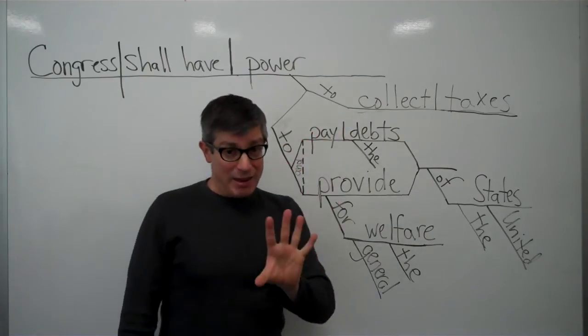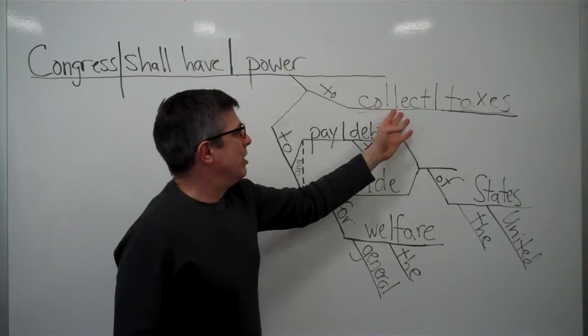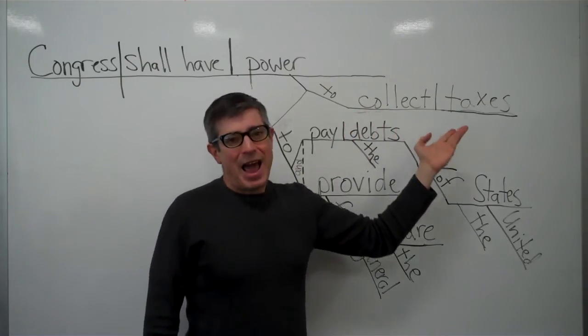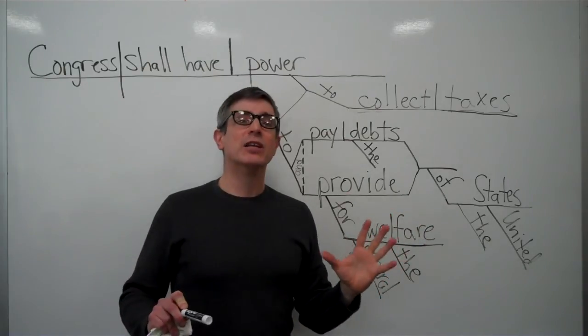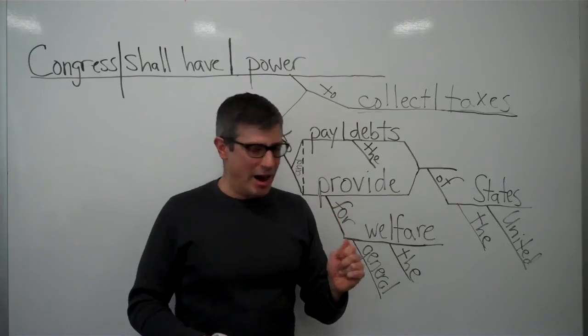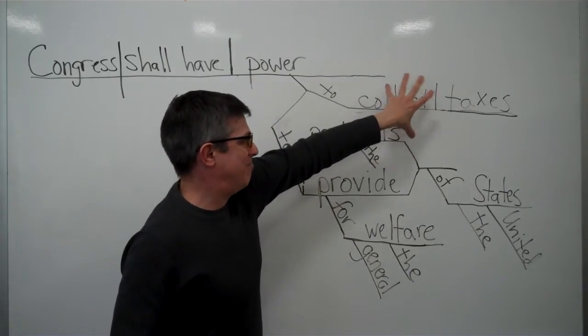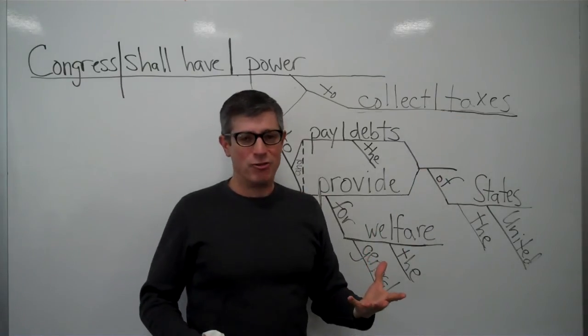And that would mean, the reason why you'd be interested in that is, now it seems that the power to collect taxes is unmodified. That is, you can collect taxes for any reason, even to buy the president a nice watch when he retires, because now this right seems to be absolute. There's no modifications.